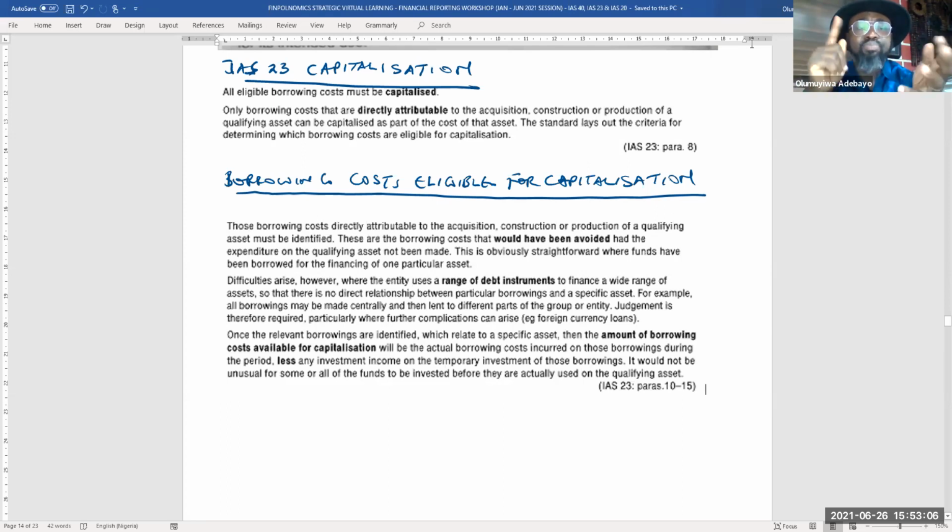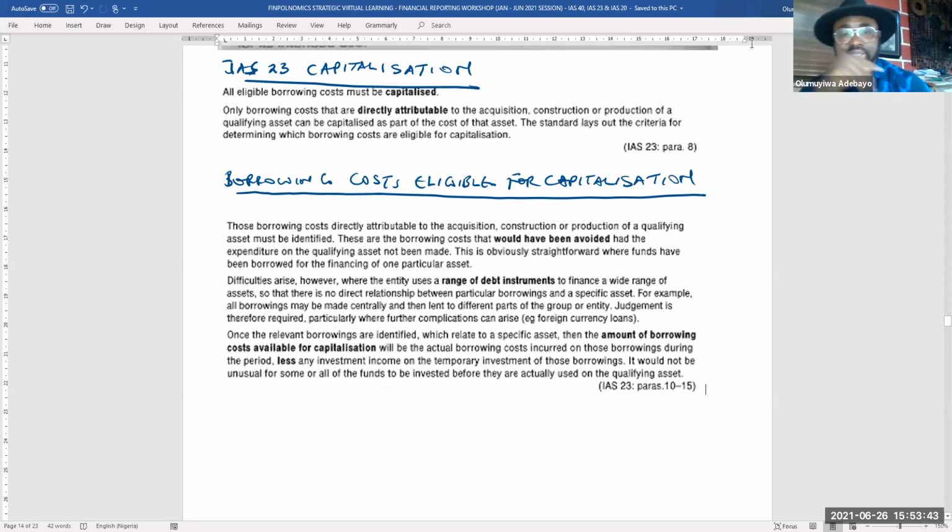Now, in doing that, you have different sources of borrowing. You did commercial paper, you did debenture, and at some point in time, you have bank loans. Now, they come at different rates and all sorts of things. And these borrowings are not done specifically for a particular project. It was just done from the corporate finance activity of the company that has identified the funding gap for all of its functional projects, including asset construction.